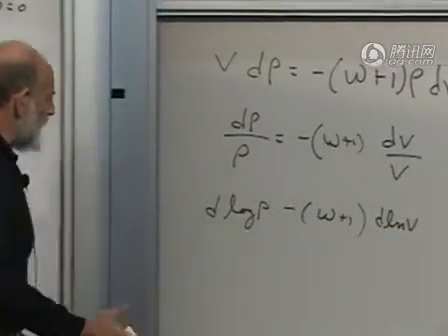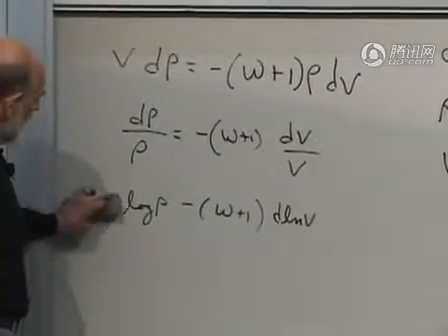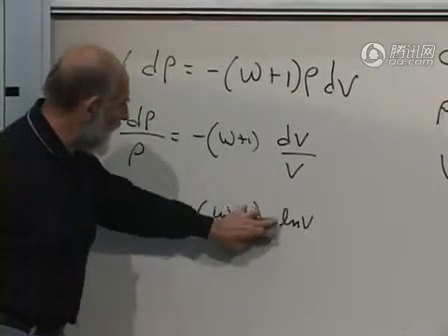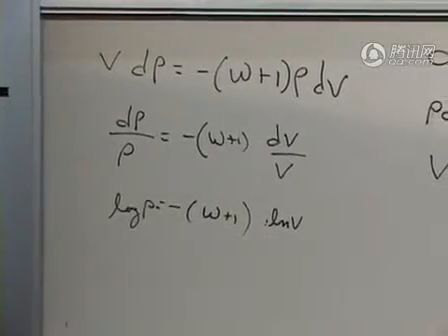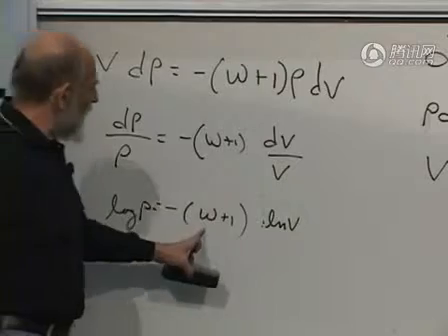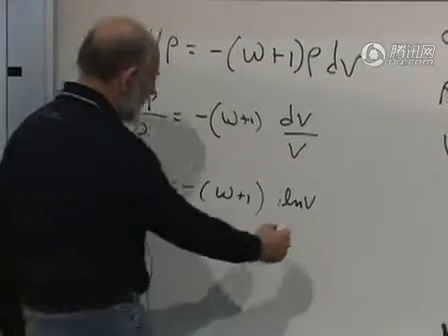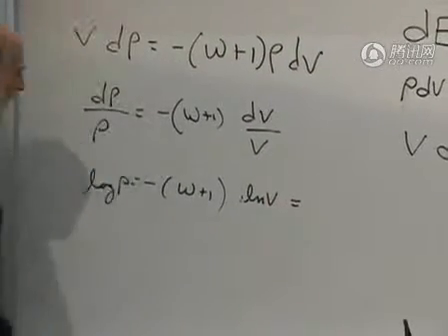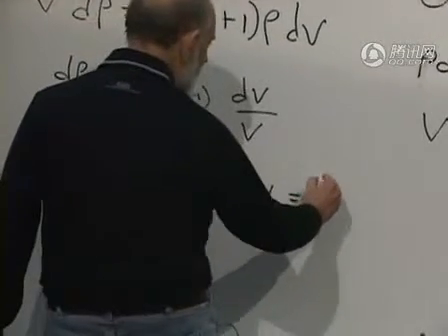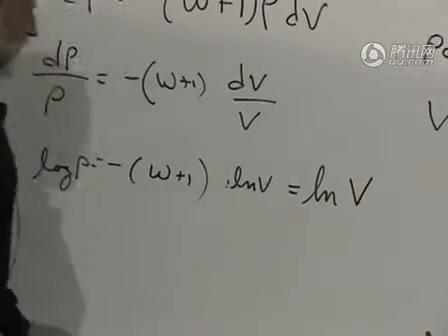This is not very hard to solve. It says that log of rho is equal to minus W plus 1 times log of V. If I multiply something by the logarithm of V, that's equal to the logarithm of V to what power? Minus W plus 1.